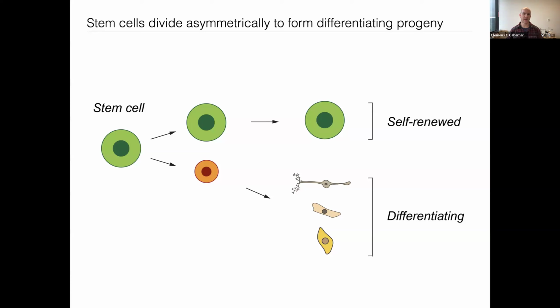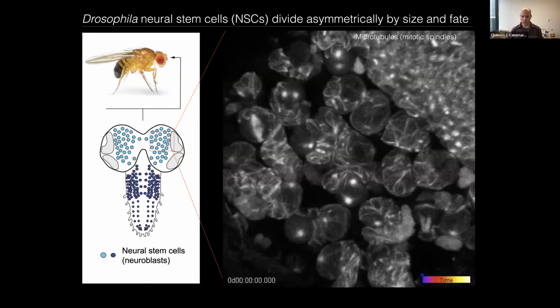And obviously, stem cells are one cell type that utilize this division mode to not only self-renew, but also at the same time form different sibling cells, which are important for different functions in the body.